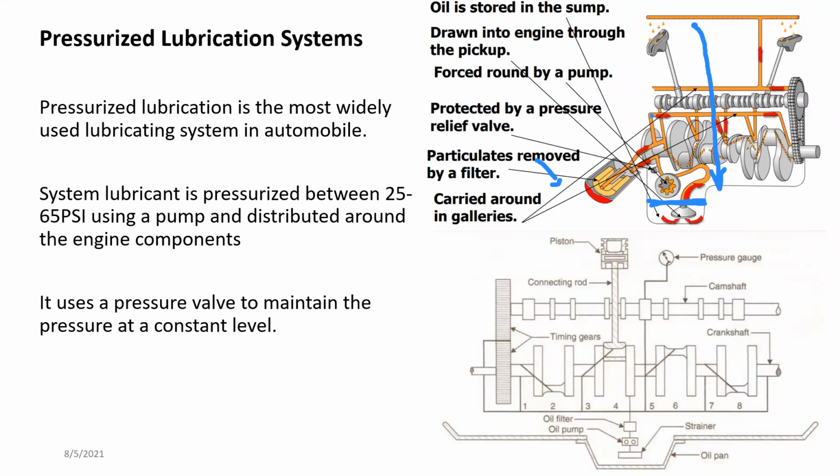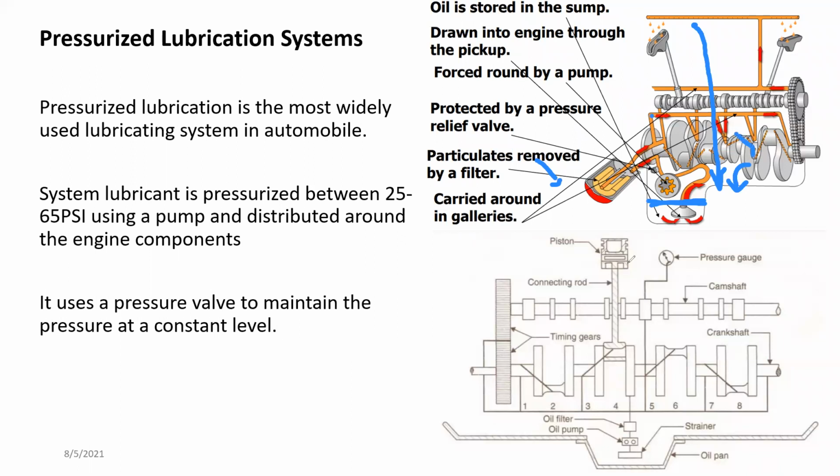Here also, once the lubricant has reached the crankshaft, the remaining lubricant that doesn't pass to the pistons leaks out and returns back to the sump, the oil pan itself.